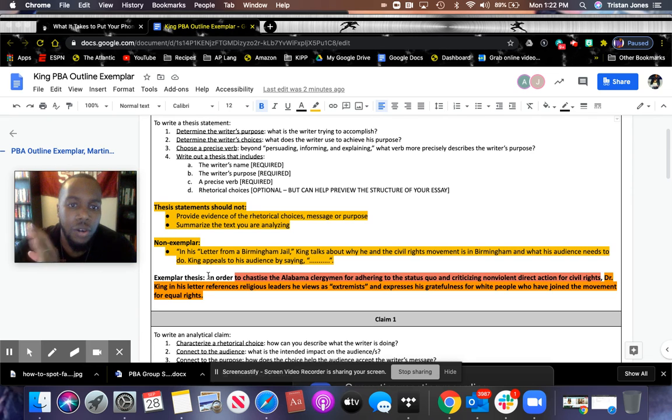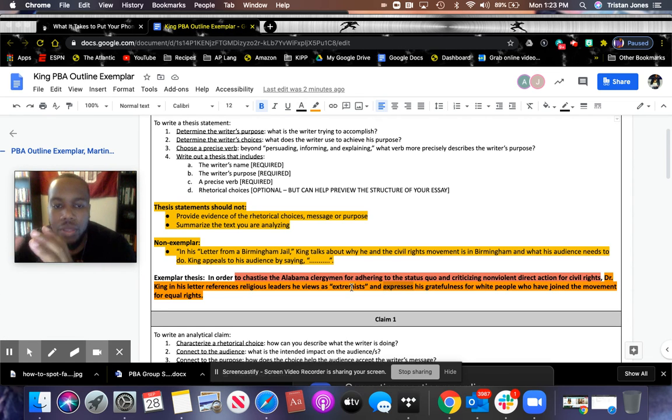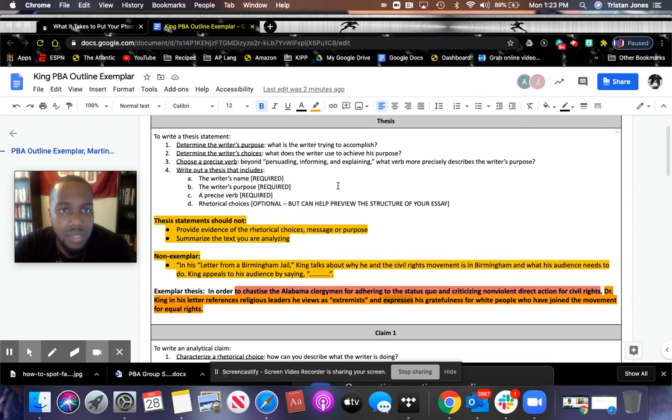Dr. King in his letter references, precise verb, religious leaders he views as extremists and expresses, another precise verb, his gratefulness for white people who have joined the movement for equal rights. Put all that together and you have an exemplar thesis following the thinking steps I named up top and the success criteria for a thesis statement.